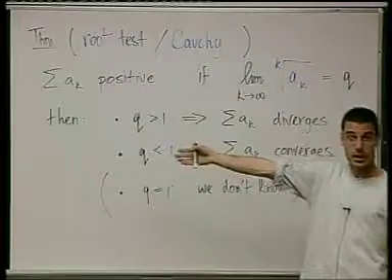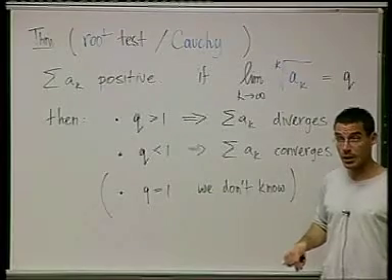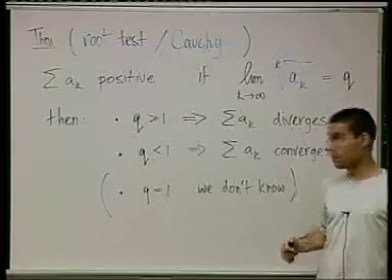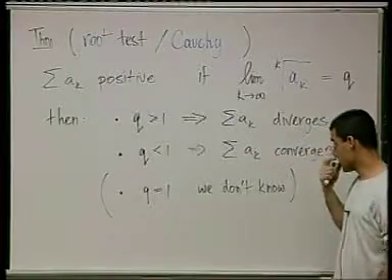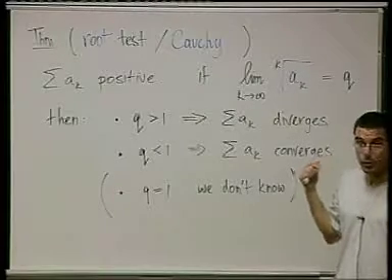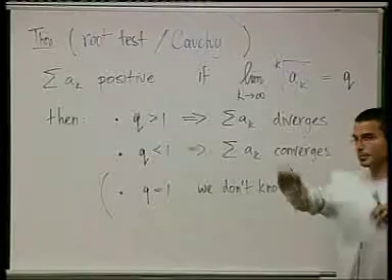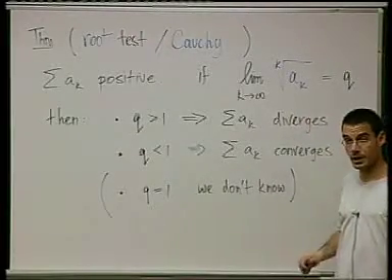Either the comparison tests, or the integral test, which we'll see after the break, or other stuff. Okay, we're not going over all possible tests in this course. There are some very powerful ones also for integrals, which we're not mentioning. We're only doing kind of introductory level things here.